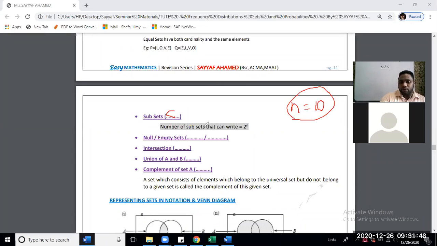There's an equation: the number of subsets that can be written is 2 to the power n, that is 2 to the power 10, right? If you have 5 elements, it's 2 to the power 5. So it is a small calculation of how many subsets we can write. This has been tested in your part 1 paper, as to how many subsets can be drawn using it.